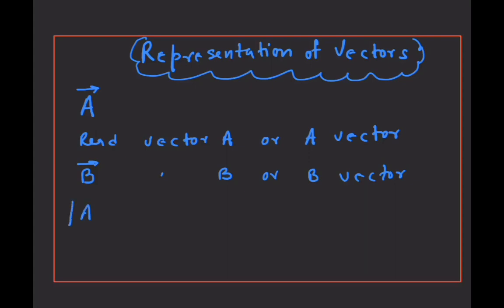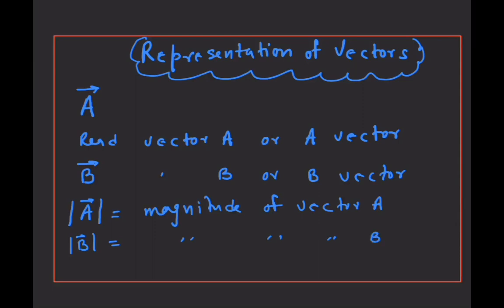If we write mod of A vector, we call it the magnitude of vector A. Similarly, b is equal to magnitude of vector b. We will discuss all these things, magnitude of vector, in coming slides.